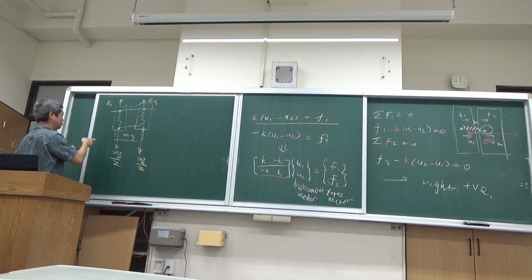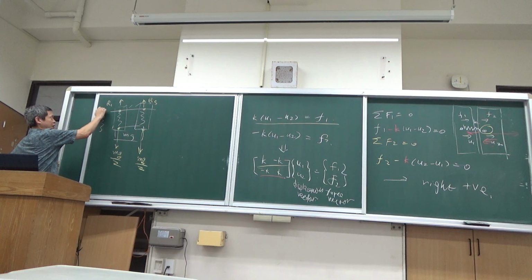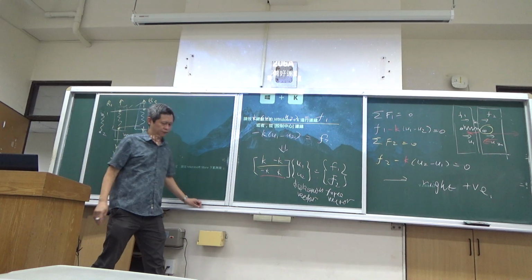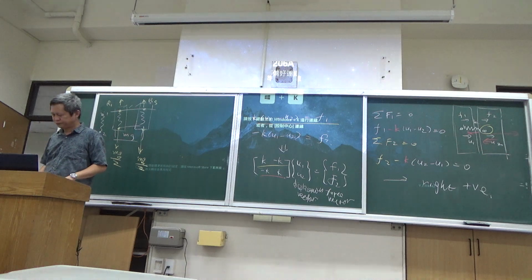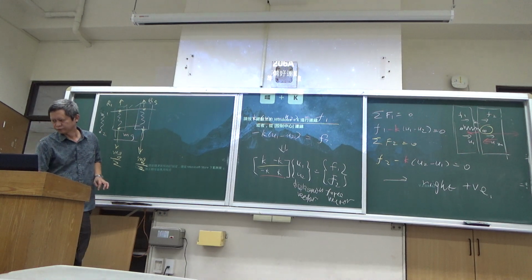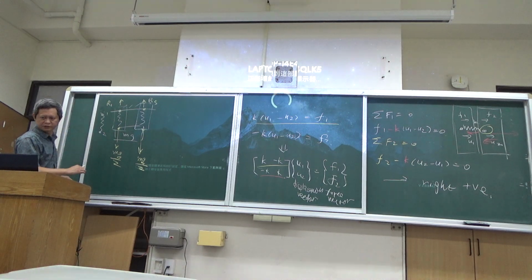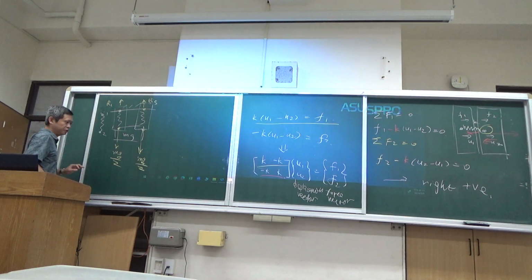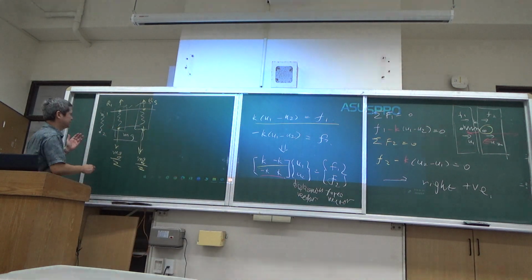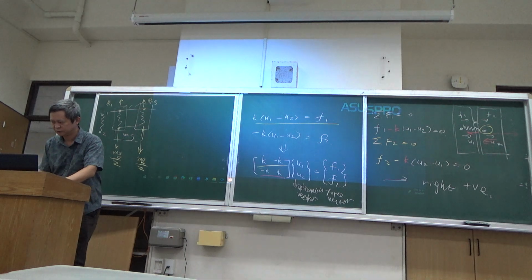And then what are the equations? What are the elements you have? The elements are basically not 1 and not 2, but according to our convention just now, any force must take the same direction convention.